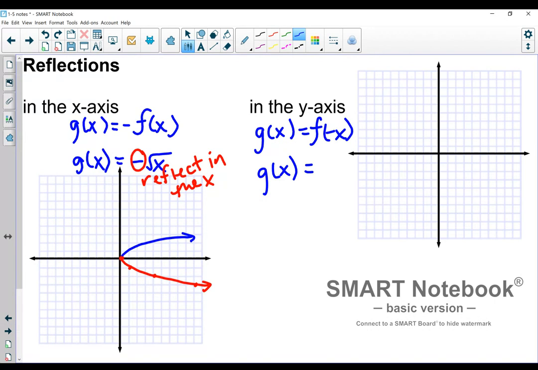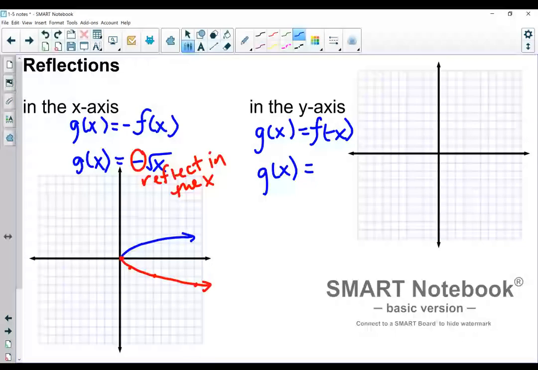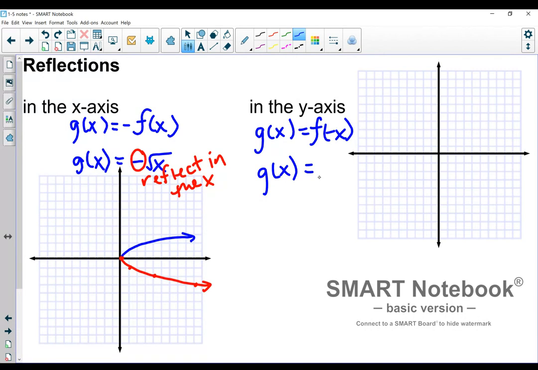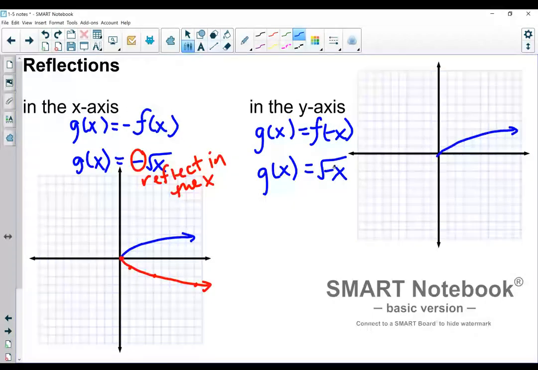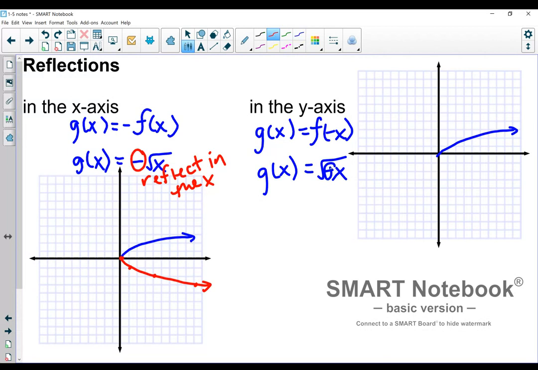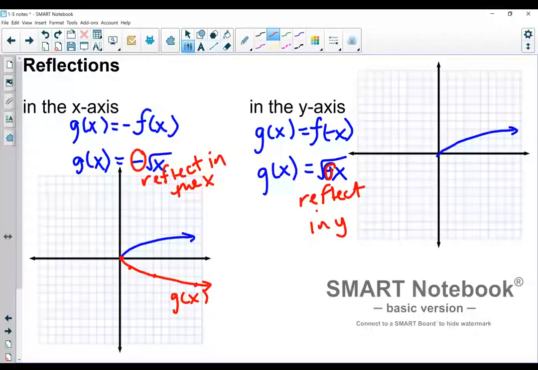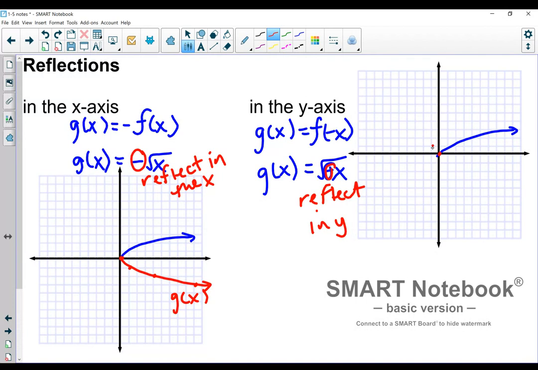We could probably just look at a square root again, because then we could be comparing the two on the same page. So let's make this the square root of negative x. So if my square root function is normally over here, but I need to reflect in y, that means my function is going to go to the left now. 1, 3, 5.